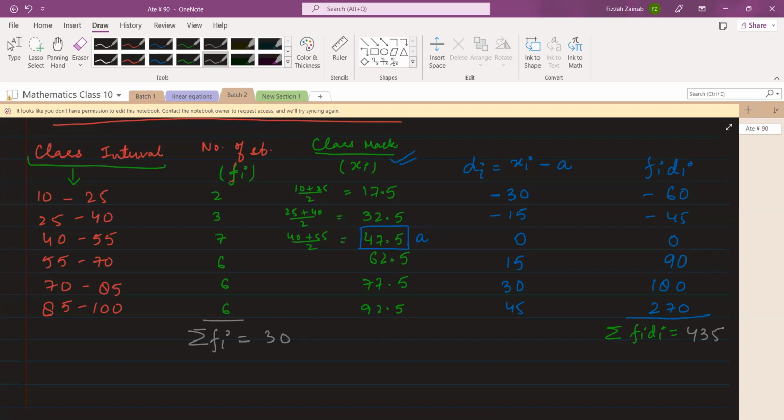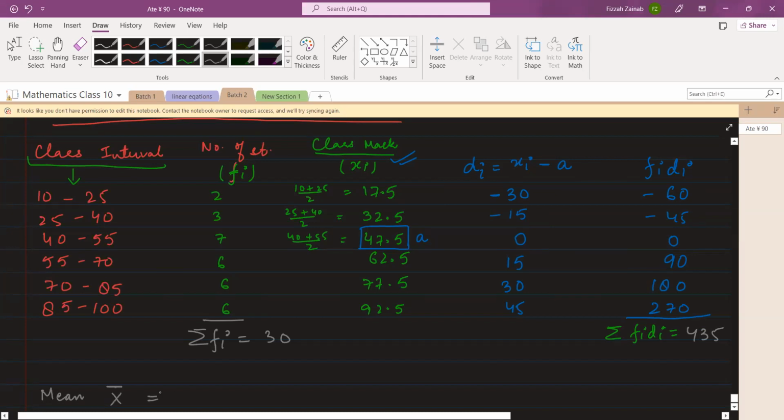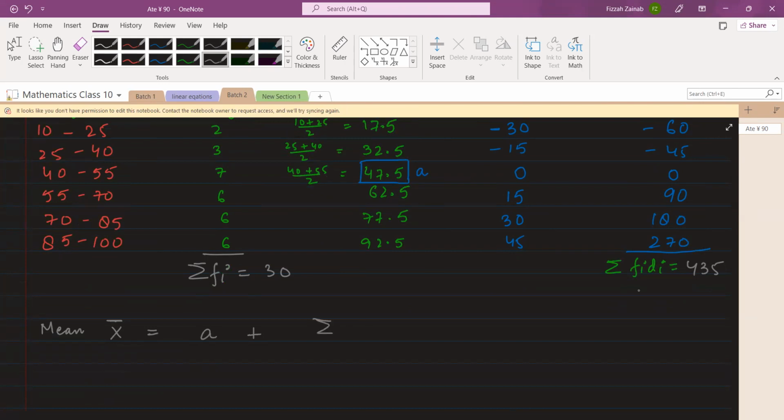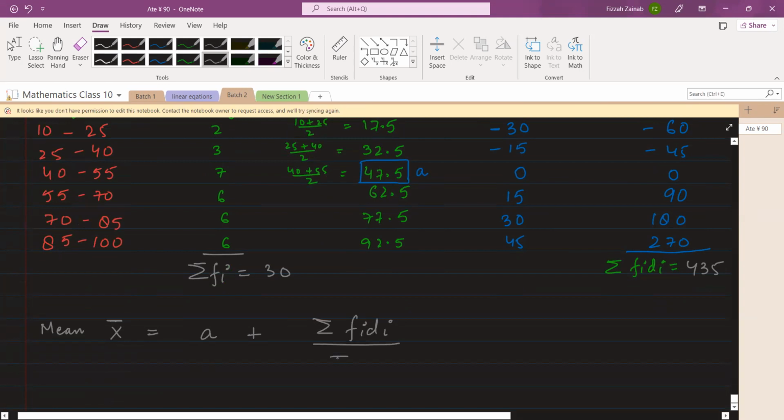Okay. So now your formula for the mean, which we denote by X bar, is A plus the summation of this FiDi, which we have done, divided by the complete summation of Fi.